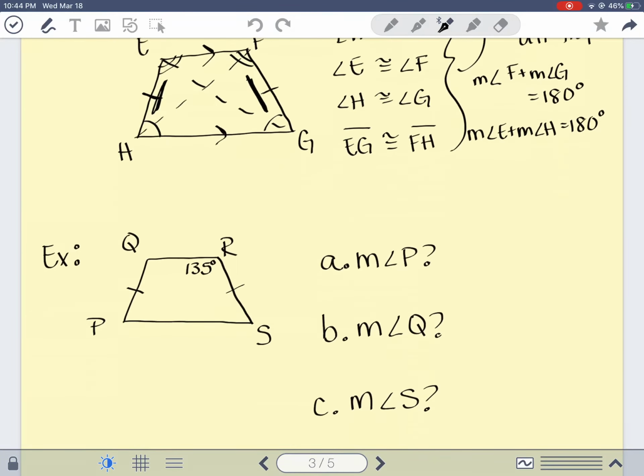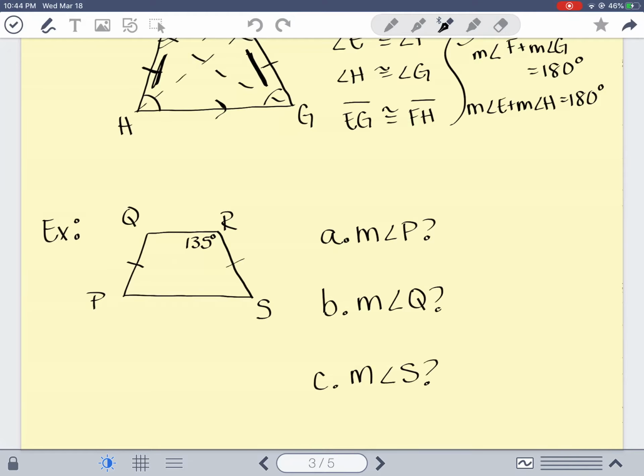All right, so a few examples for us. We want to find the measure of angle P first. The nice thing here is that we know that if angle R is 135 degrees, this other base angle right here is also 135 degrees, which we can go ahead and fill in. And then we know that consecutive non-base angles add up to 180.